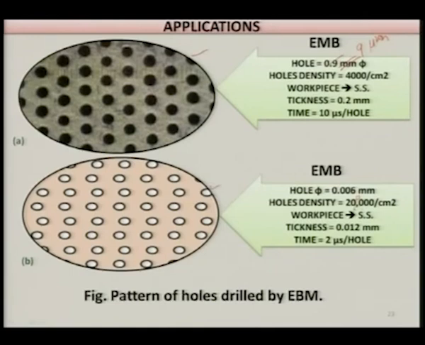The workpiece is stainless steel, the thickness of the sheet is 12 micron, and the time taken per hole is 2 microseconds. Now you can see such a high density of holes and such a small time for drilling a hole, you cannot do it by other processes.